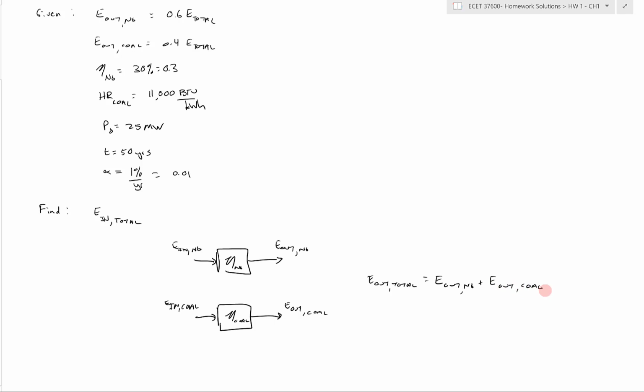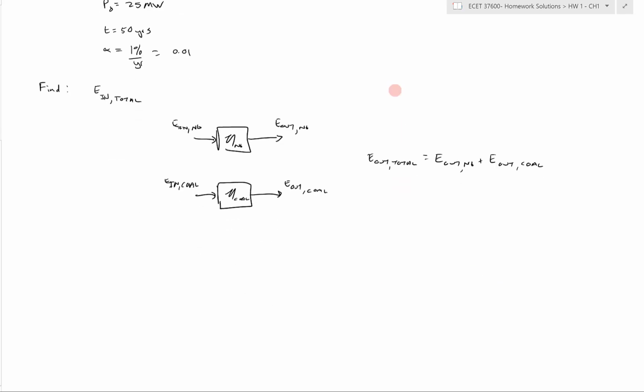And what we're being actually asked to calculate is what these numbers are together, E in total. So I need to calculate that, and I need to calculate that, and I need to add them together to get the total input energy. The reason we need this is because we know we can calculate this number here from the growth model, and we know that this is 60% of this number, and this is 40% of that number.